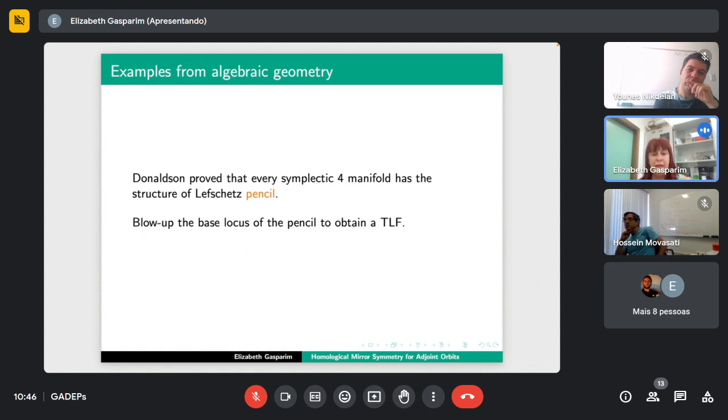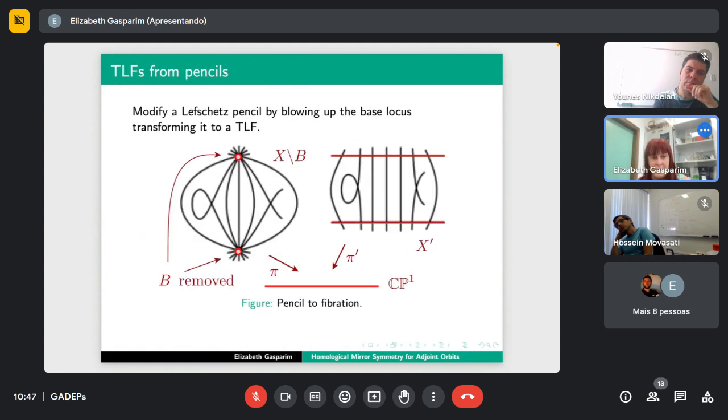Now, in symplectic geometry, in 4 real dimensions, symplectic Lefschetz fibrations became very popular because Donaldson showed that for a 4-manifold to have a symplectic structure is essentially the same as having the structure of a symplectic Lefschetz fibration. So first, there is the existence of a Lefschetz pencil, like in algebraic geometry, that is a family parameterized by P1. And then, after blowing up finitely many points, we obtain a Lefschetz fibration.